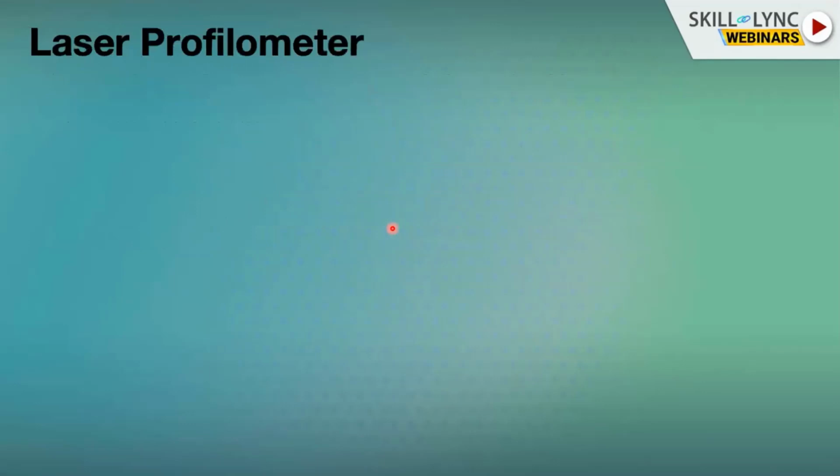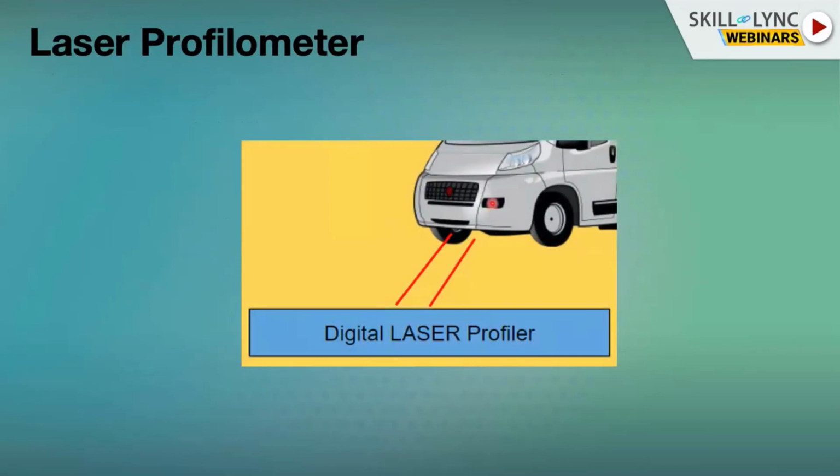As I said, there is a laser profilometer attached to the front of this automated road survey system. It is projected like a beam, and it is called a digital laser profiler.